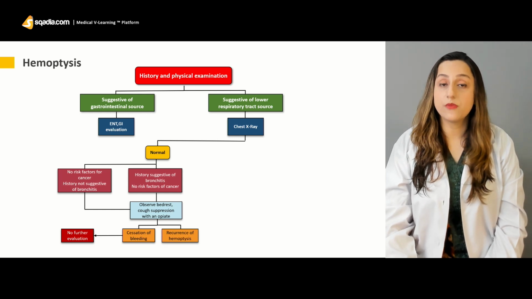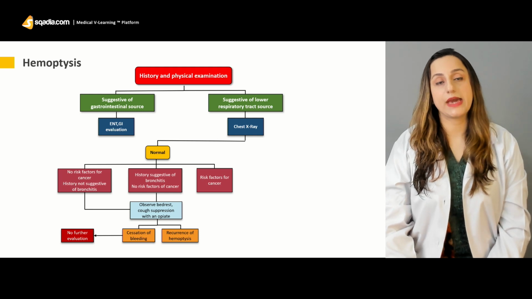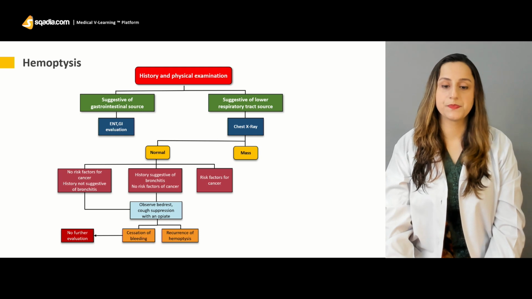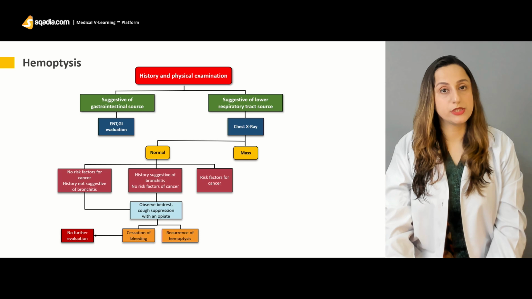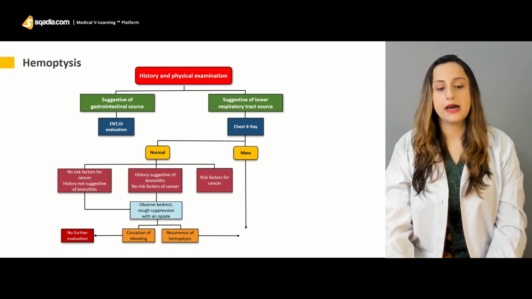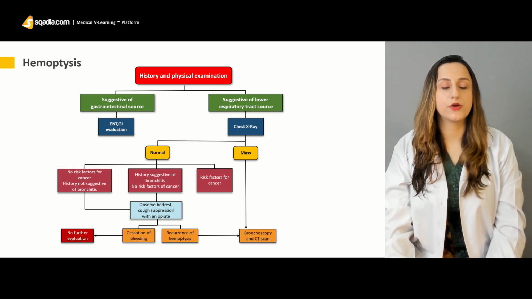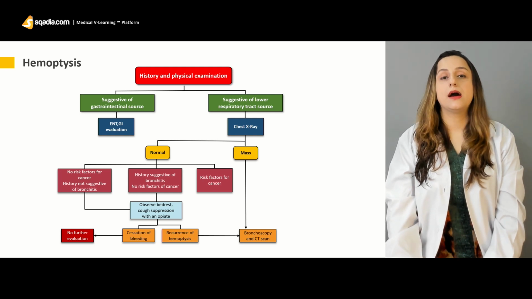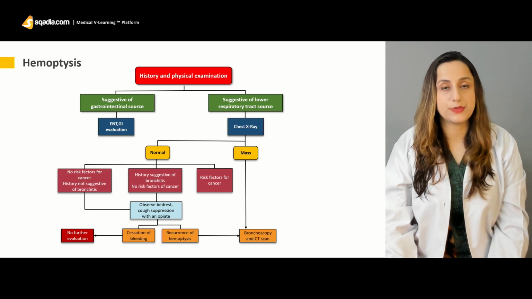The recurrence of hemoptysis is seen in a lot of patients, and the risk factors of cancer are also evaluated for these patients of hemoptysis. On chest x-ray, if it is not a normal chest x-ray and you find a mass that is present, and there is a recurrence of hemoptysis as well, you can resort to further evaluation by performing bronchoscopy, or you can also resort to CT scans in these patients.